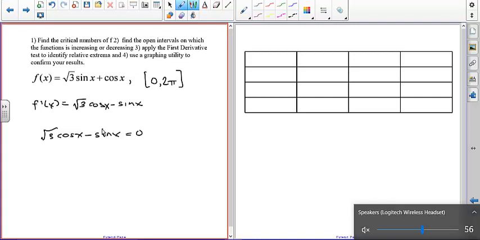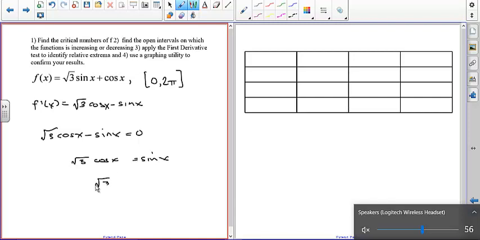Tangent, cotangent, secant, cosecant. Well, the secant and the cosecant just involve the sine and cosine by themselves. So it's either got to be the tangent or the cotangent. So what you would do is you would make this in terms of the tangent. And you can do that two ways. You could divide by the cosine of x, or you could say the square root of 3 cosine x is equal to the sine of x, and then divide by the cosine.